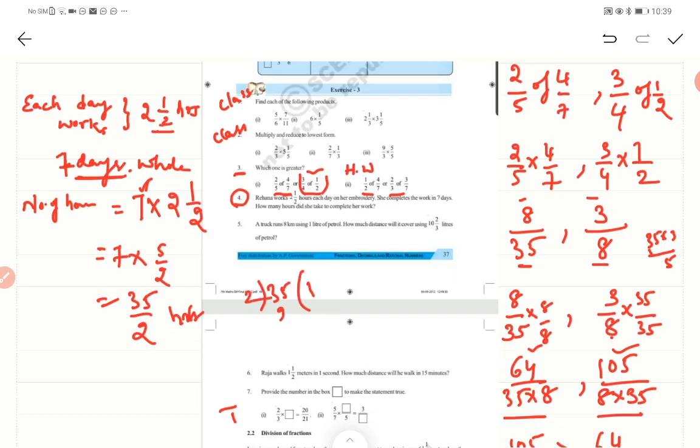So 2 ones 2, 2 sevens 14, so your remainder is 1. So you will write this quotient as a whole. So it took totally 17 hours and 1 by 2, that is 17.5 hours for her to complete the total work, which is done in 7 days.